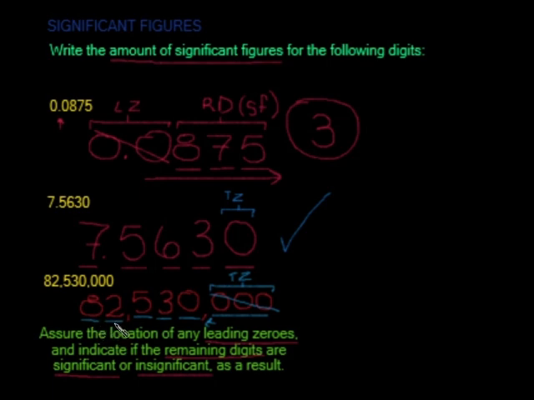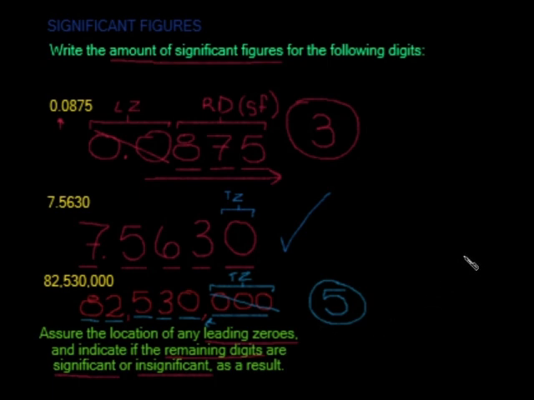So 82,530 is significant, and we're counting 5. So 5 significant figures: 8, 2, 5, 3, and 0 are significant, but the other trailing zeros are insignificant.